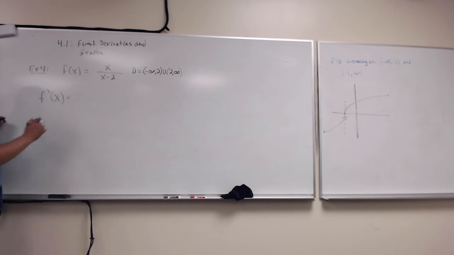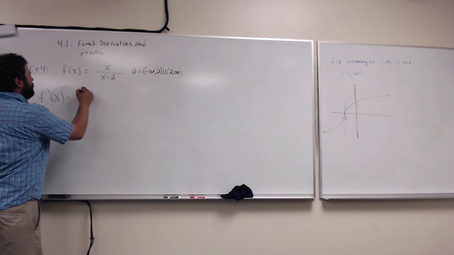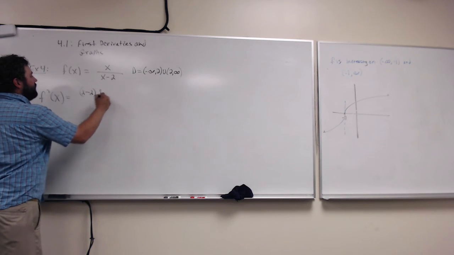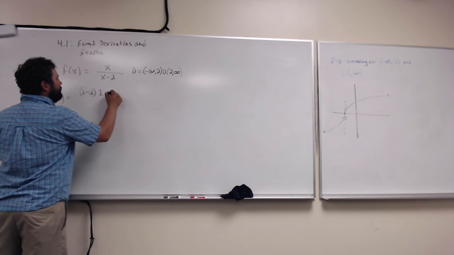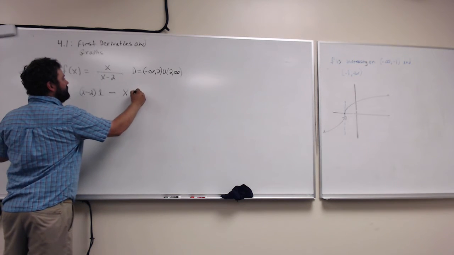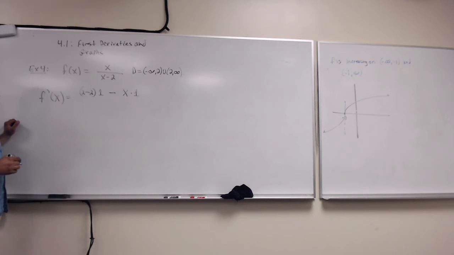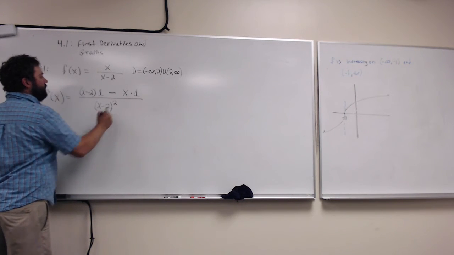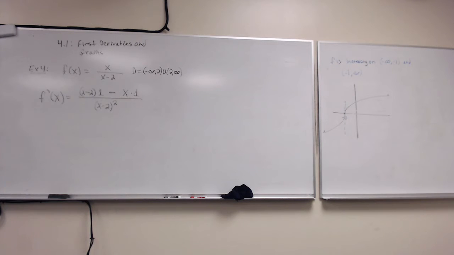So first, let's go ahead and do this. We have to use the quotient rule. So it's going to be the bottom function, x minus 2, times the derivative of the top, which is 1, minus the top function times the derivative of the bottom, which is also 1. And then we divide by the bottom function squared. So low d high minus high d low over low squared.